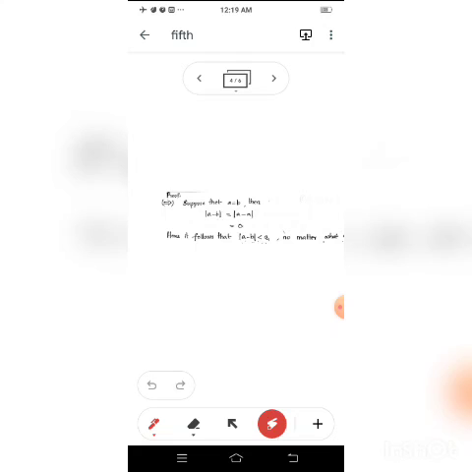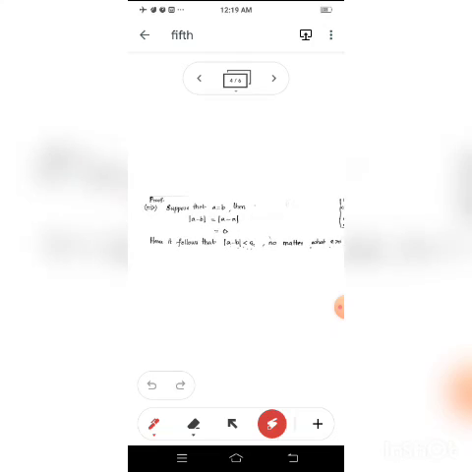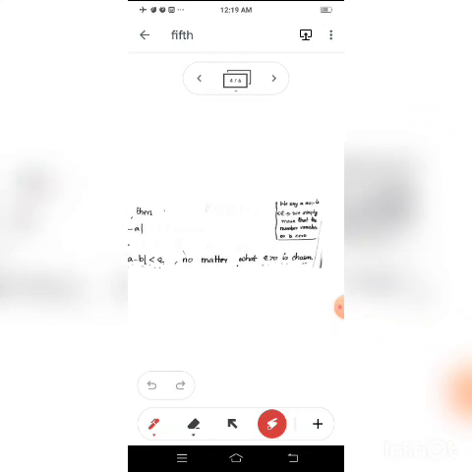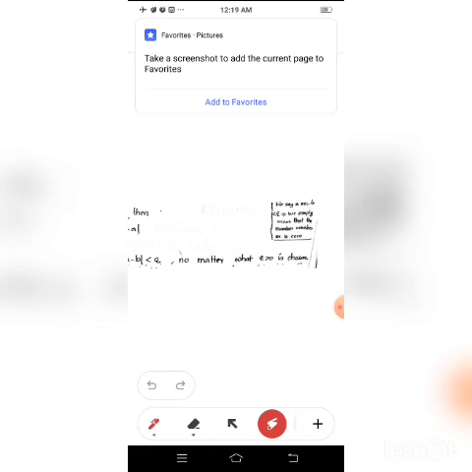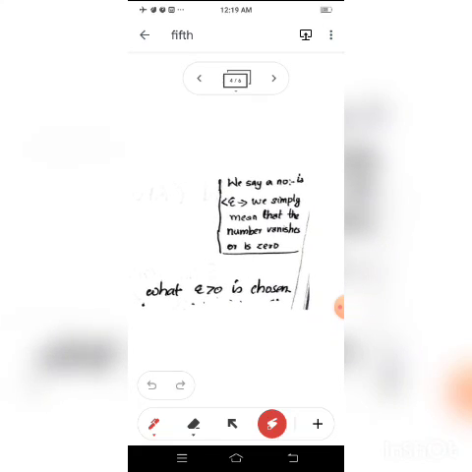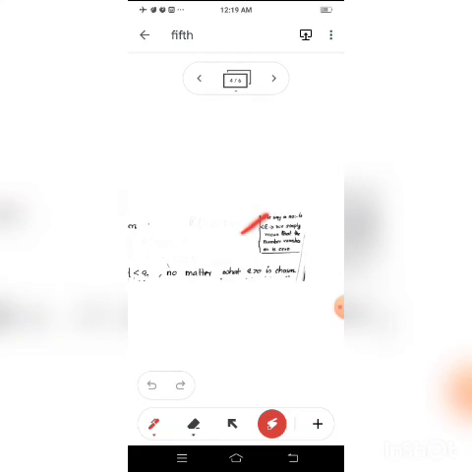But we can write 0 as less than epsilon, because no matter what epsilon greater than 0 is chosen, when we say a number is less than epsilon, we simply mean that the number vanishes or is 0. That is the reason we say a number less than epsilon.